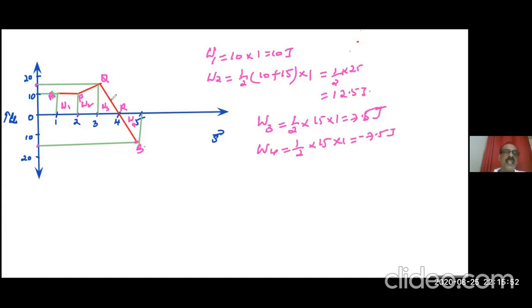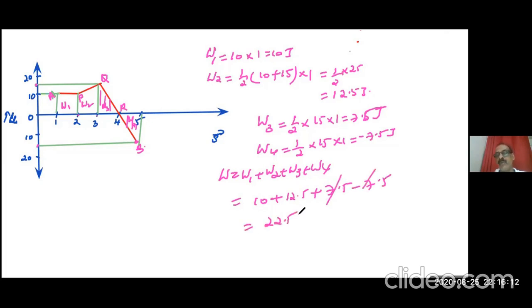That means this area and this area are equal and will cancel out. Then net work done is W1 plus W2 plus W3 plus W4. That means 10 plus 12.5 plus 7.5 minus 7.5, which cancels, so 22.5 joule is the answer.